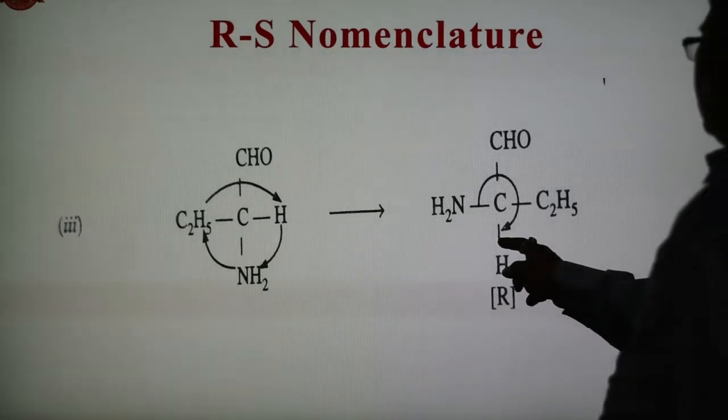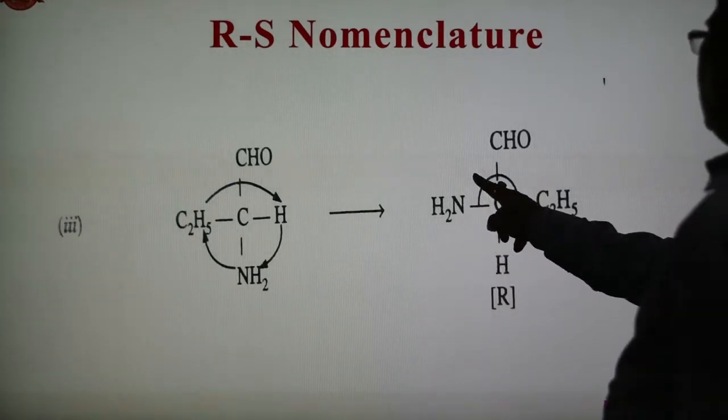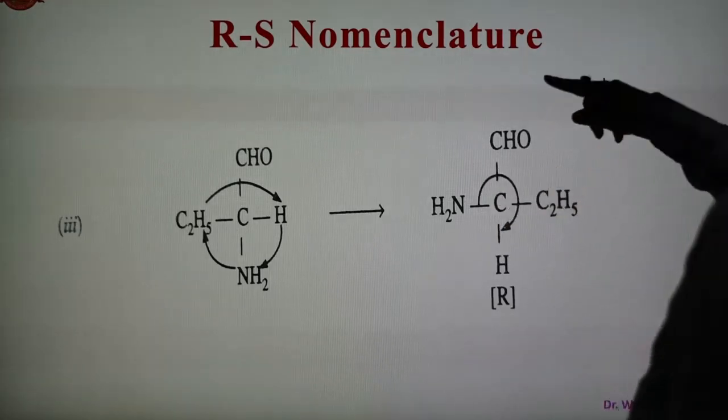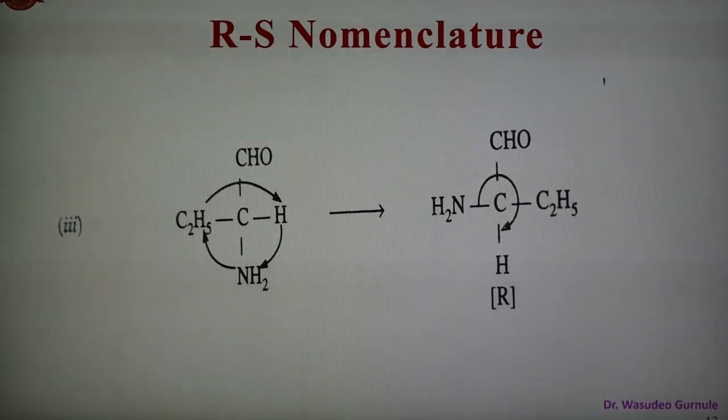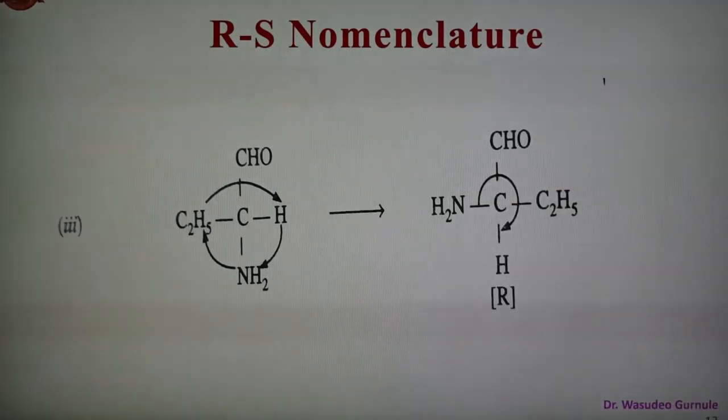And this is iodine, so this is the hydrogen. So what is now here, 1, 2 and 3, so this is the clockwise, see, this is not anticlockwise, this is the clockwise, so right, and therefore it is R, rectus. So this compound has R configuration.